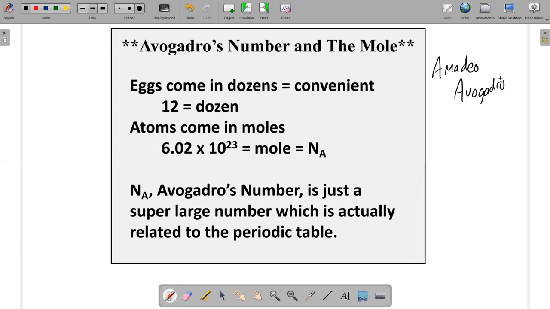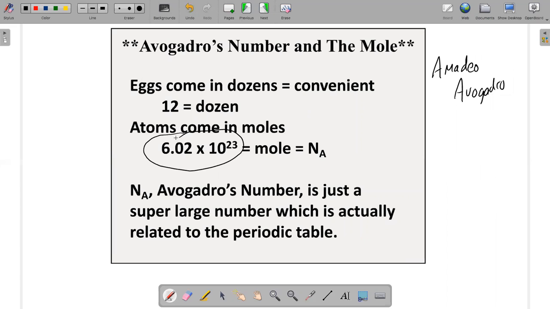And there's a number that we use in modern times to describe quantities of matter, and that's called Avogadro's number. People also call it the mole. So Avogadro's number is this quantity here, 6.02 times 10 to the 23rd.